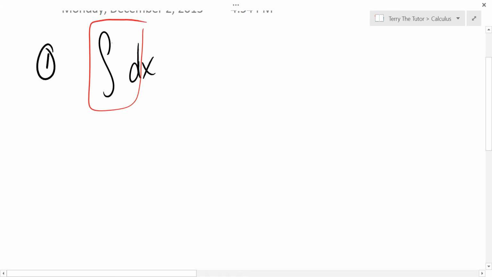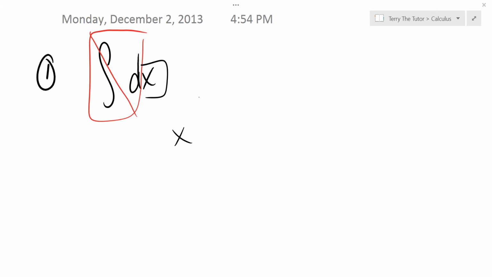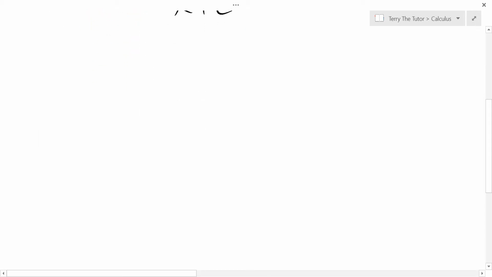I just circle the integral and the derivative, and they kind of go away. They cancel, because we know that they're the opposite. And what I'm left with is x. So I've got x, and then I've got to put my constant, so plus c. And even if you got to that answer through some sort of delusion like I did, you've still got the right answer.